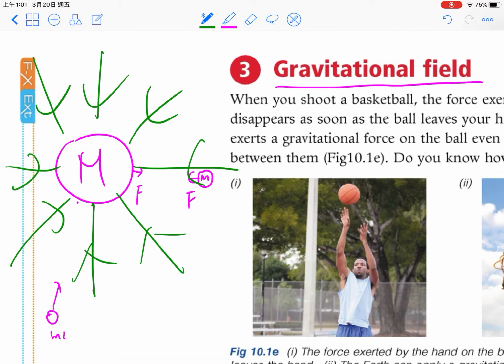existing around the massive object. We can draw like this. This arrow means gravitational field lines, or we say g field lines here.